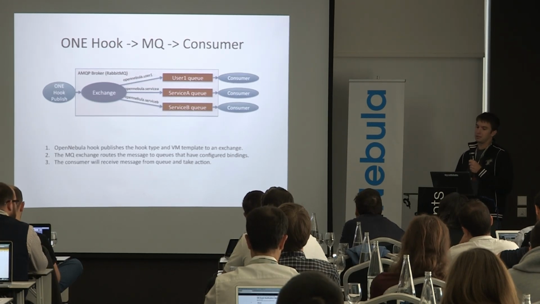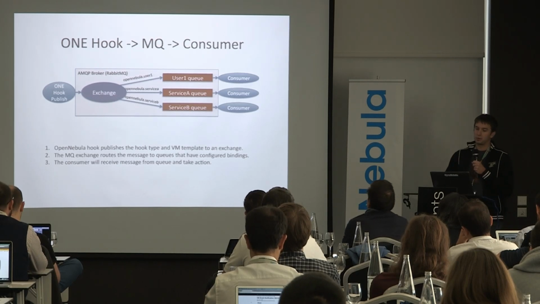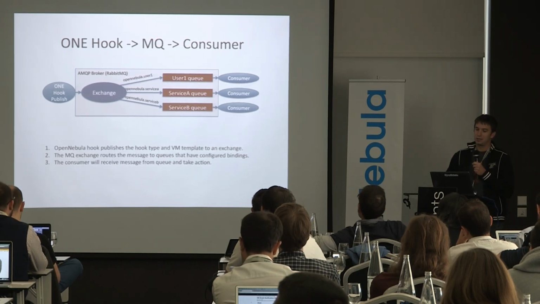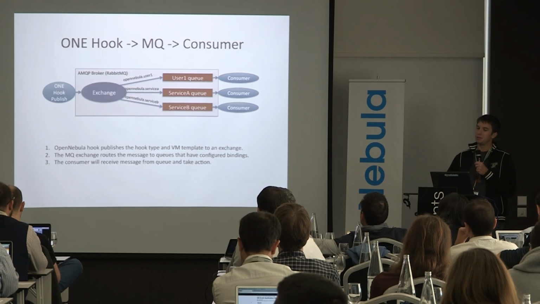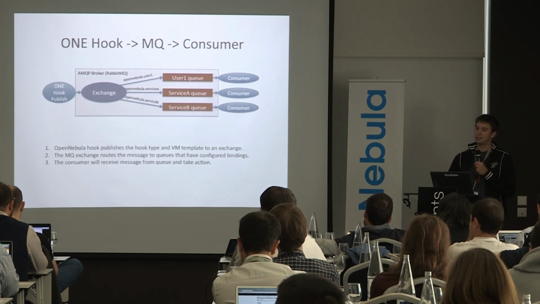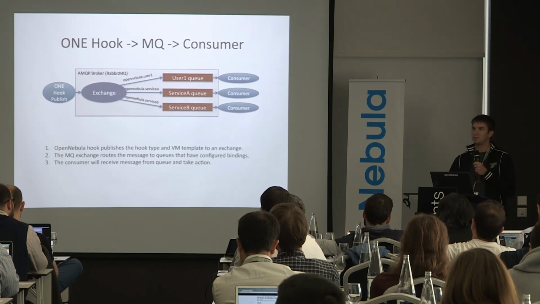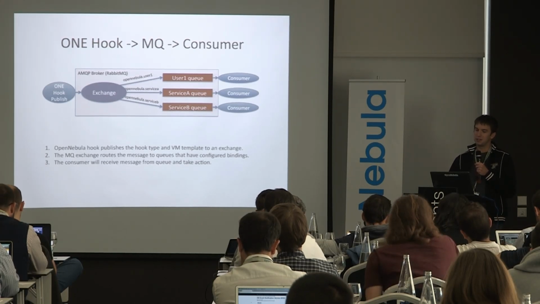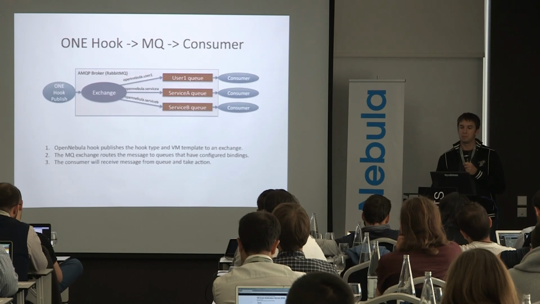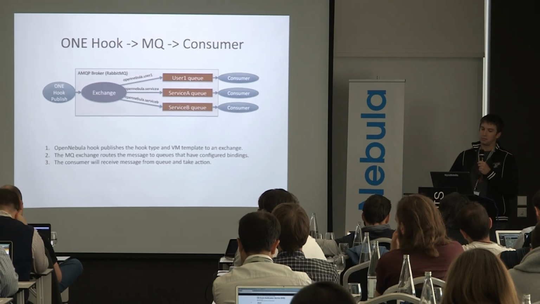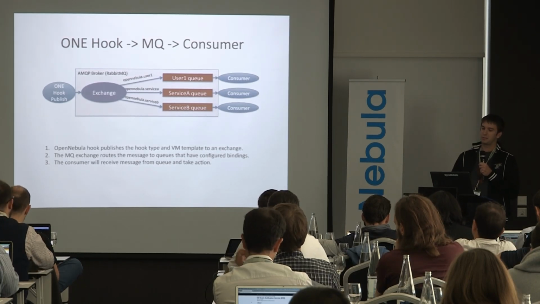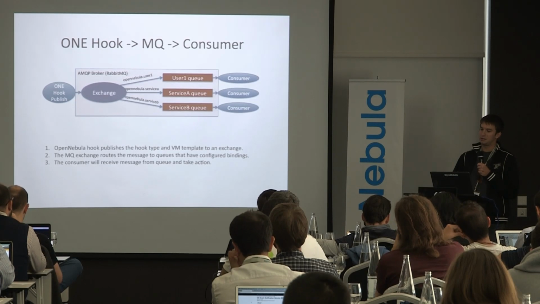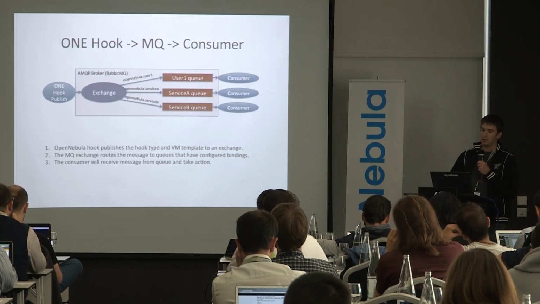What they'll do is they'll log into the broker, the message queue broker, create a queue and say we want to receive messages that are tagged VM creation, VM deletions, VM failed. So they create bindings for that. When that hook would get triggered, that message gets sent to their queue and they're able to consume it.